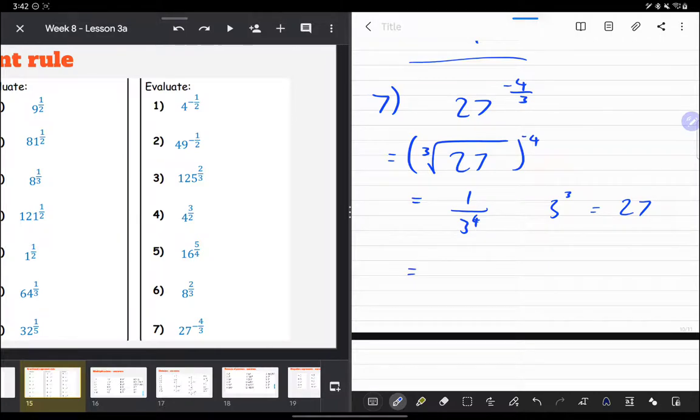And yes, 3 to the power of 4 is 3, 9, 27, 81. Okay, there we go. Sorry about that. I took us all down the wrong rabbit hole. Anyways, there it is.